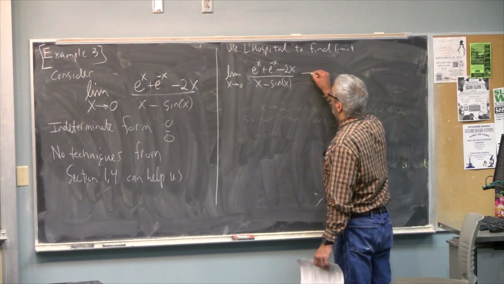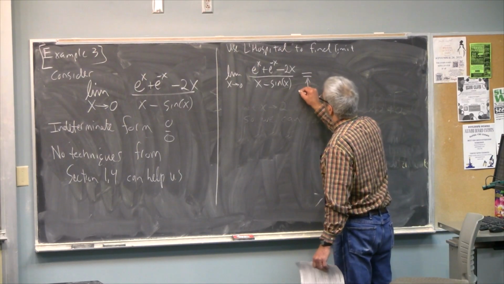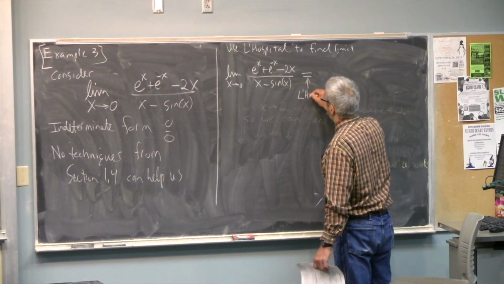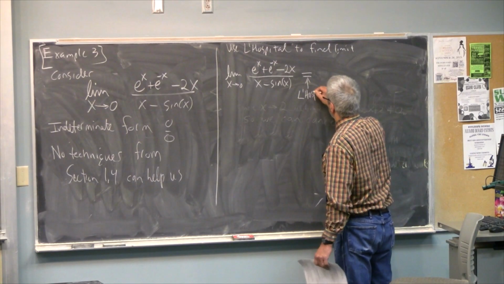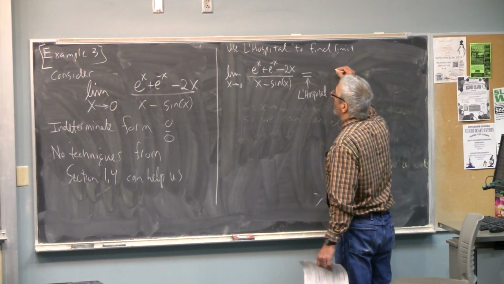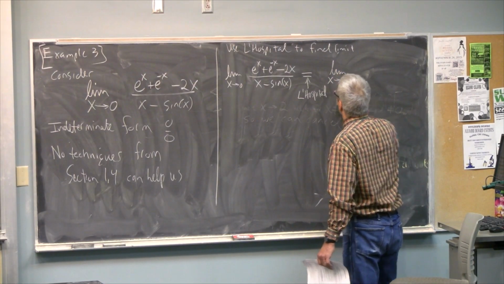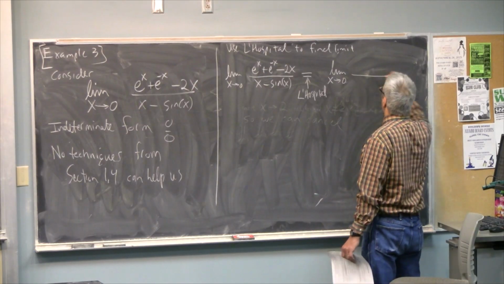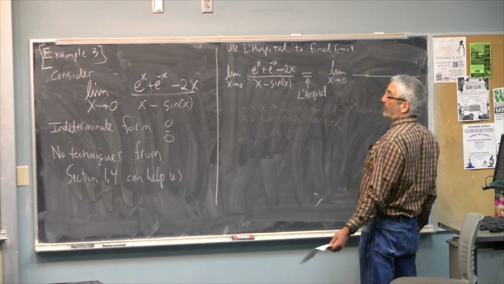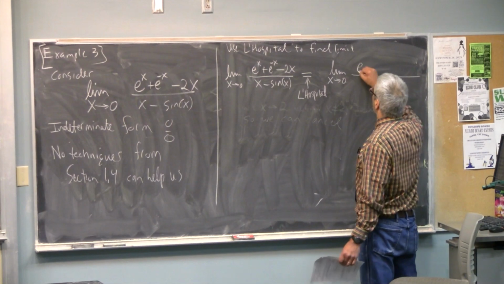So by L'Hopital, this is going to be the limit again. Now I'm going to just take the derivative term-wise. The derivative of e to the x is e to the x.